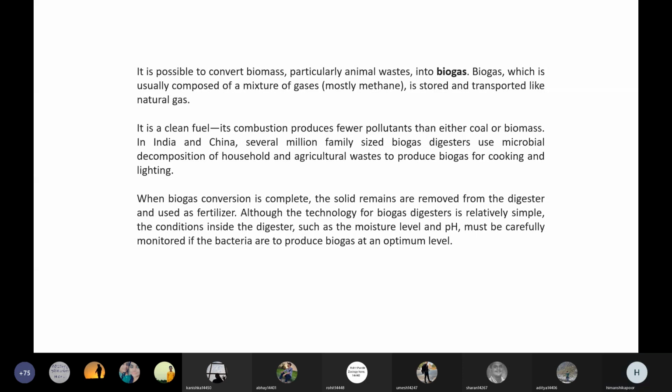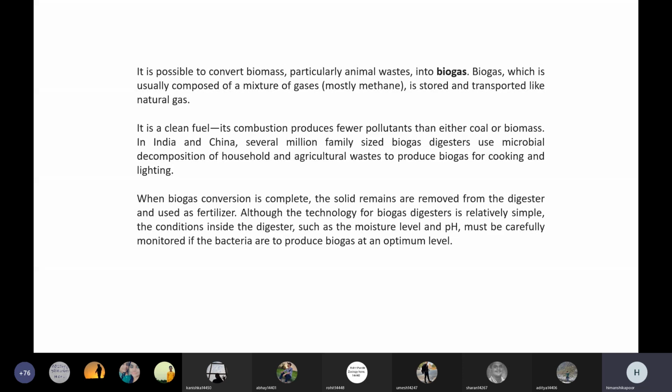And in addition to that, whatever solid material remains after the production of biogas, that is the decomposed material, it would also be used as a fertilizer, because it would be decomposed, so it will have rich nutrient matter, and we can readily put it in the soil, and it will work as a biomanure or a natural fertilizer.